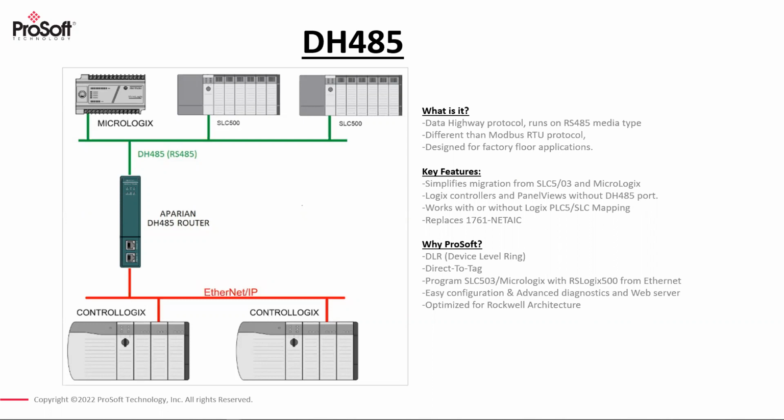It also allows you to program over Ethernet to the SLC 503. When you're connecting some of those older controllers, this is a replacement for the 1761-NET-AIC module that Rockwell used to have. If you'll go to the next slide for me, Mike.